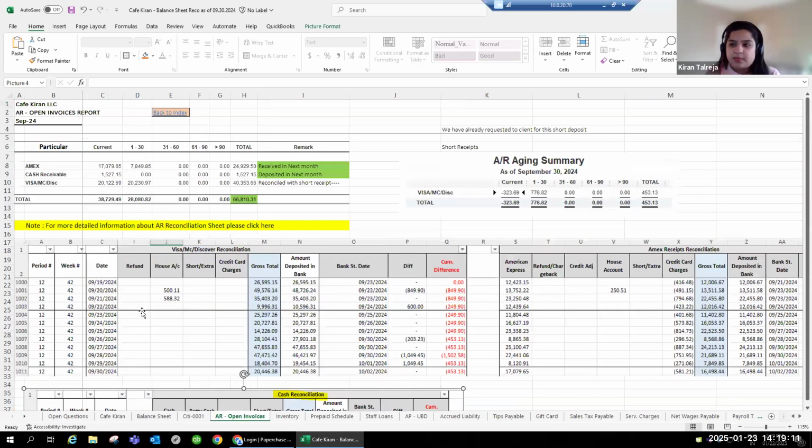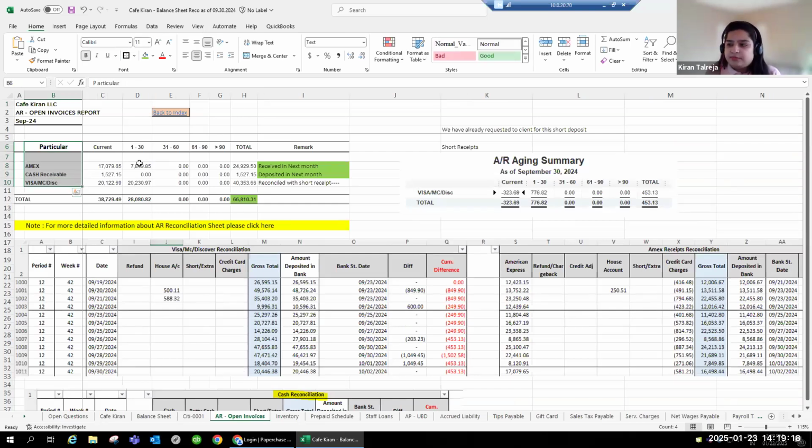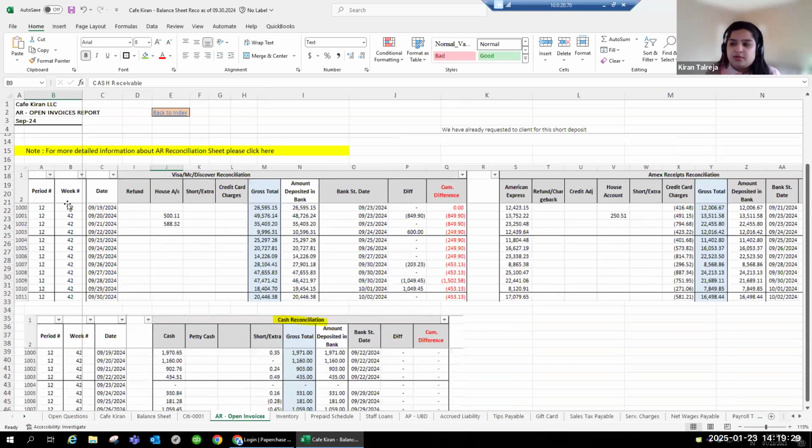As a part of our balance sheet reconciliation, we make sure that any merchants that have to process payments deliver the payment in time, as well as that any cash that is receivable or to be deposited in the bank is deposited in time, minimizing the chances of any pilferage. We prepare a reconciliation day by day.